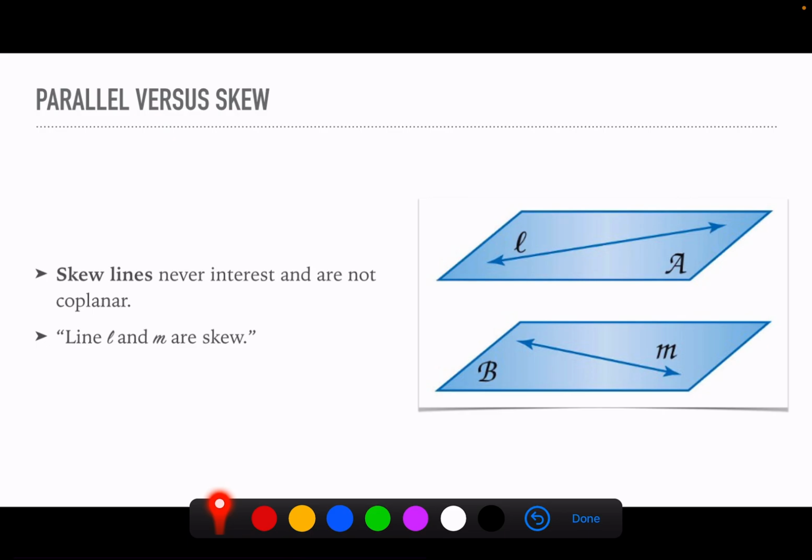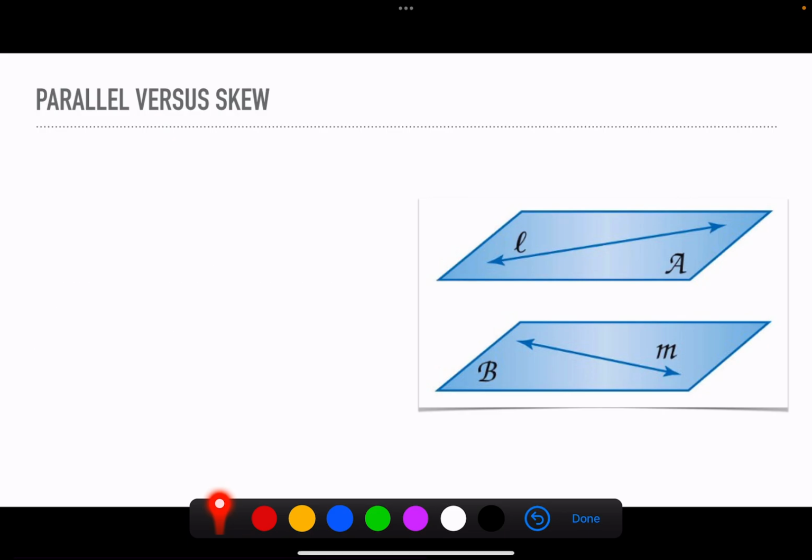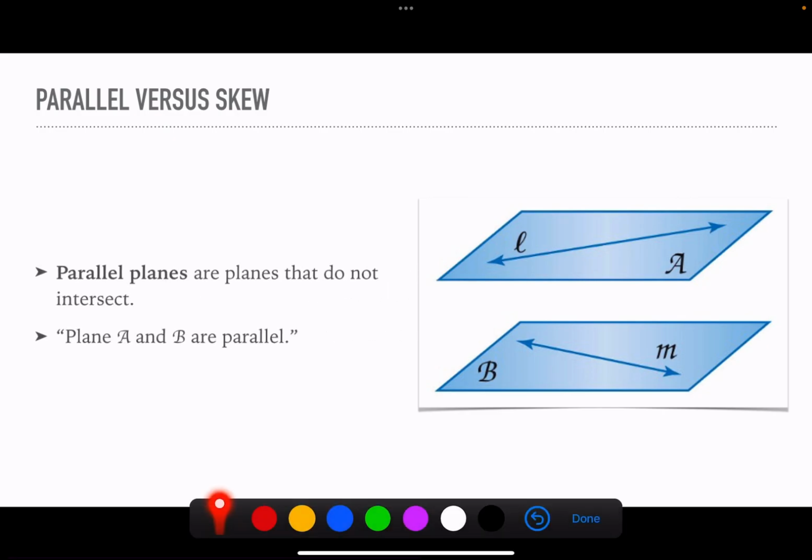And just like in the picture we see here, we can also have parallel planes. If these planes are parallel, then they will never intersect no matter what. We could say that this plane is going to go off in this direction infinitely, in this direction infinitely, in this direction infinitely. And the same thing goes with down here.